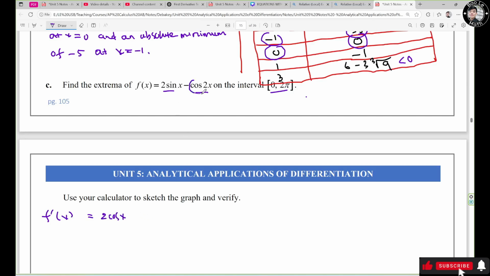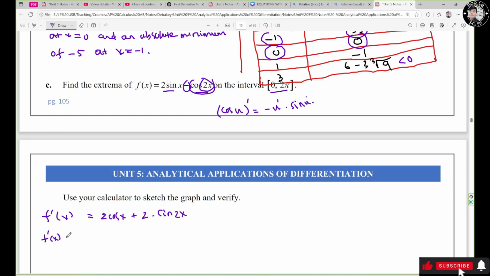Now this guy right here, you need to apply the formula: cosine u prime is going to be negative u prime times sine u, right? Chain rule. So u in this situation is 2s, right? So 2s prime is going to be 2, right? So it's going to be negative 2 times sine of 2s, right? Now don't forget the negative sign right here, so it becomes positive, right?